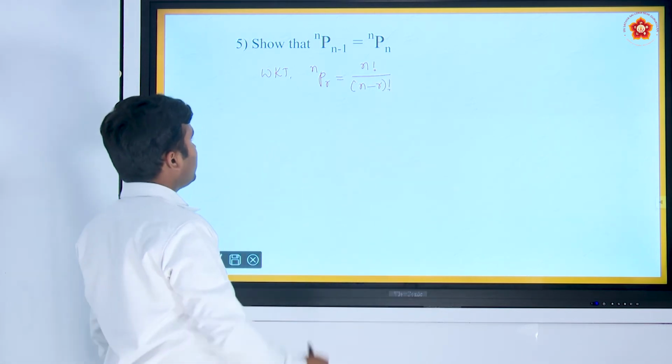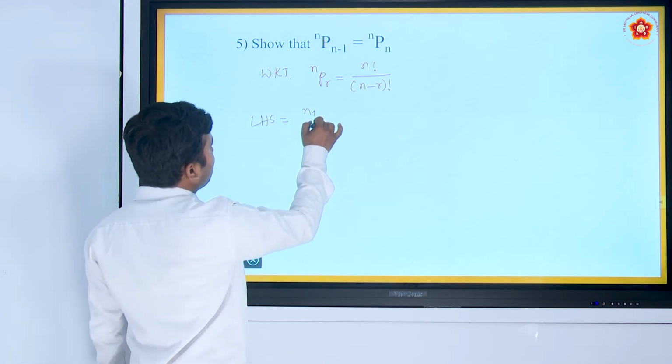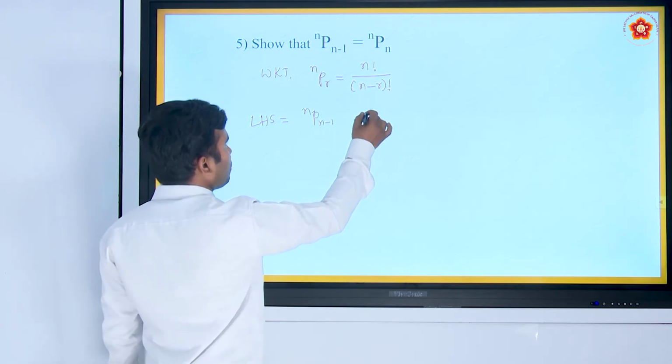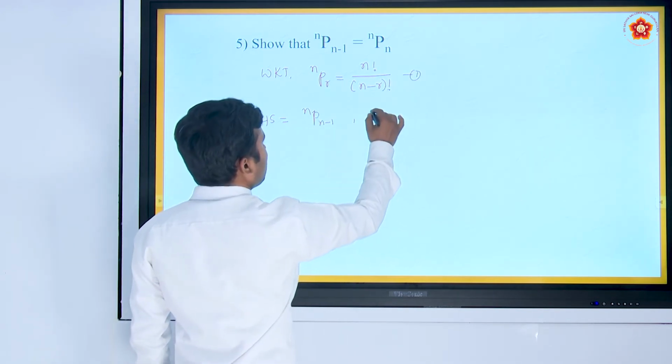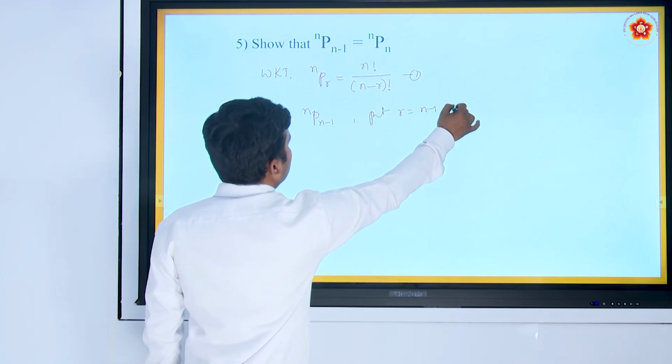So here let's take LHS equal to nPn-1. If you put r equal to n minus 1 in equation 1, what will you get?